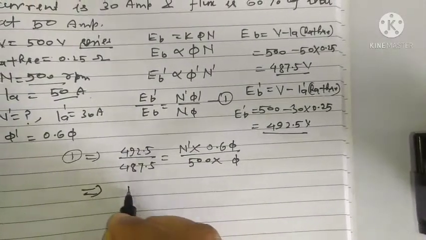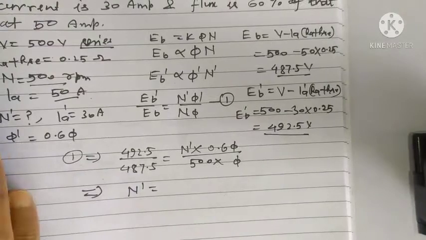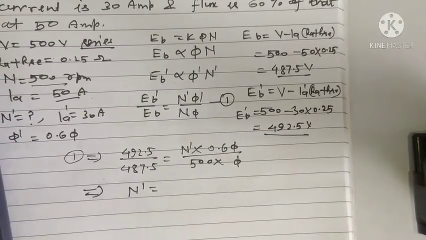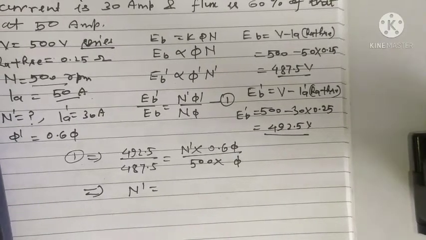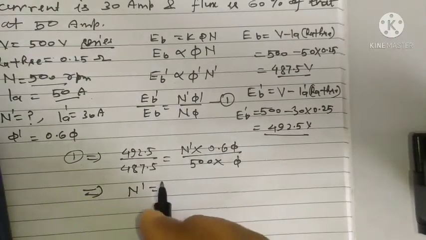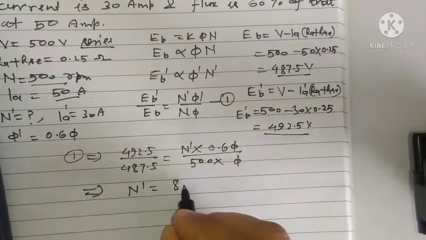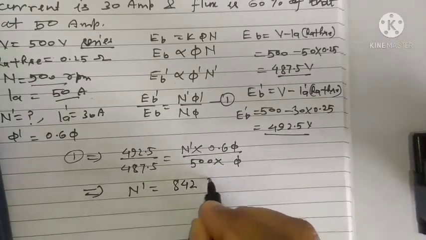So this implies N dash will be, we can solve it, 492.5 into 500 by 487.5 divided by 0.6. So it comes as 841.88, that is 842 RPM.